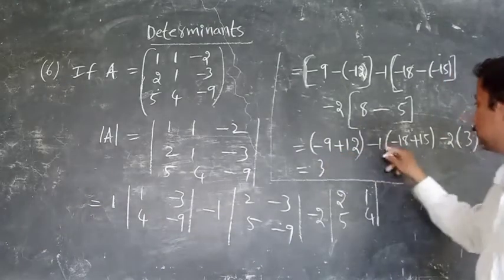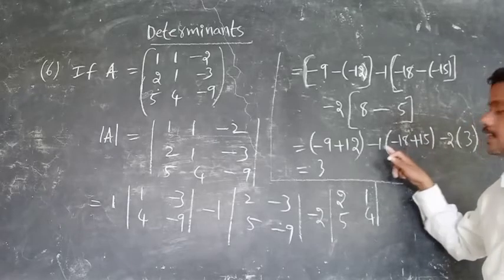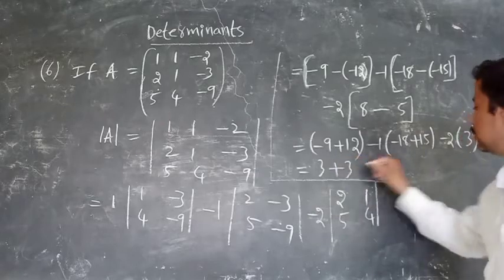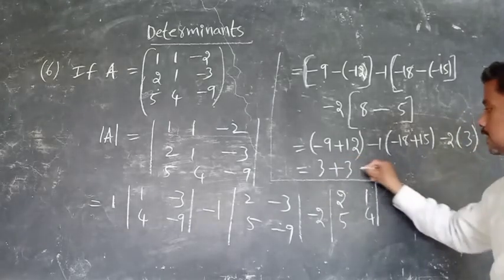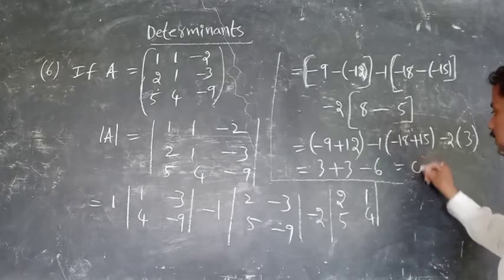Minus 1 into minus 18 plus 15, which is minus 3, so minus of minus 3 is plus 3. Minus 2 into 8 minus 15, which is 2 3s are 6, minus 6. So therefore 3 plus 3, plus 6 minus 6, is equal to 0.